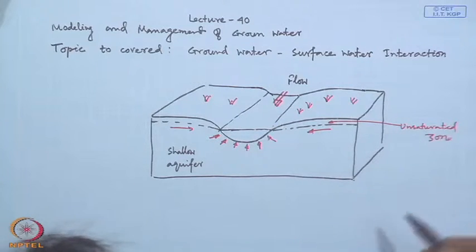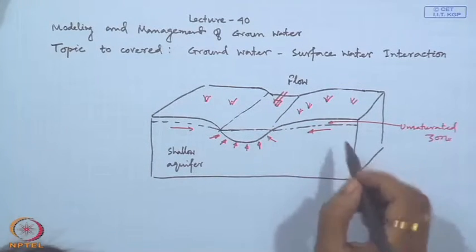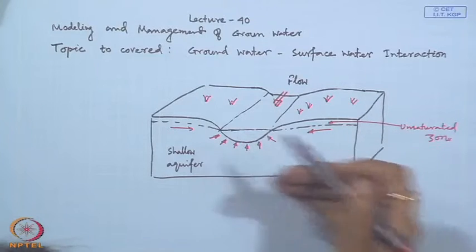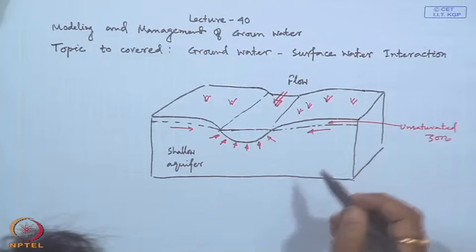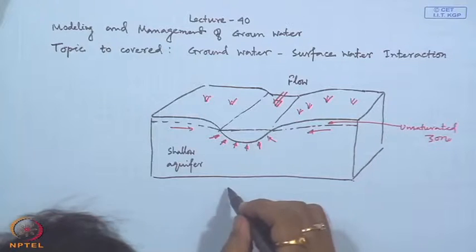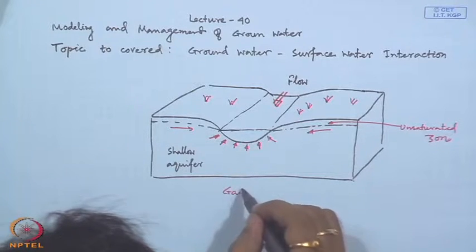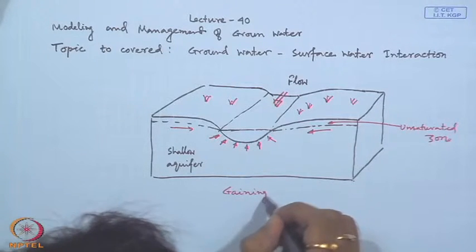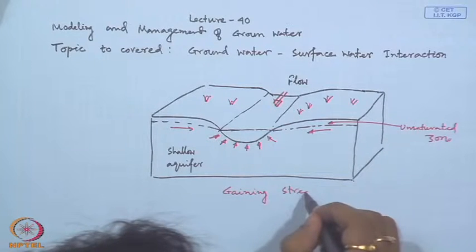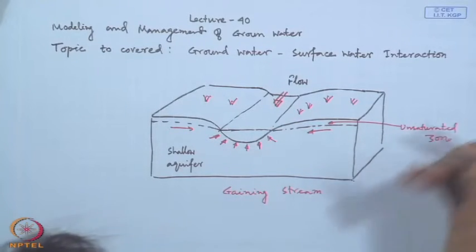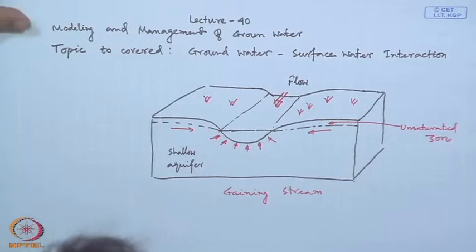So, this is the situation where our aquifer is contributing to the stream. We can say that this is basically a gaining stream. That means the stream is gaining from our aquifer.